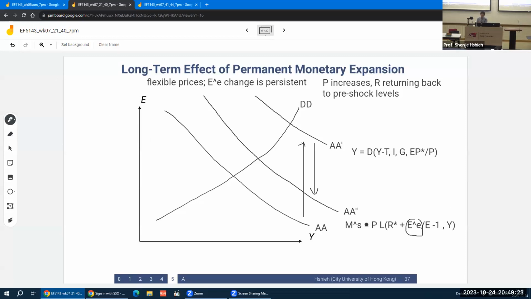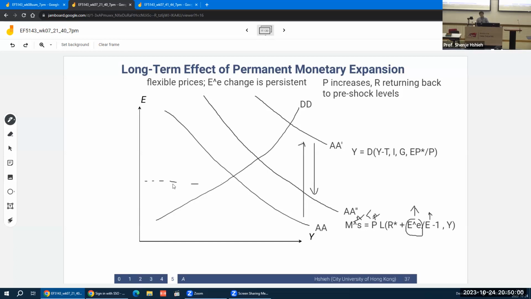And hopefully you can see that it's because P increases as much as MS, so these two effects cancel out, but we still have an elevated E hat E, which makes this have a gap between left hand side and right hand side. And as a result, E has to be at as high a level to undo the effects, right? And so we still have a higher level E than before, than this level.